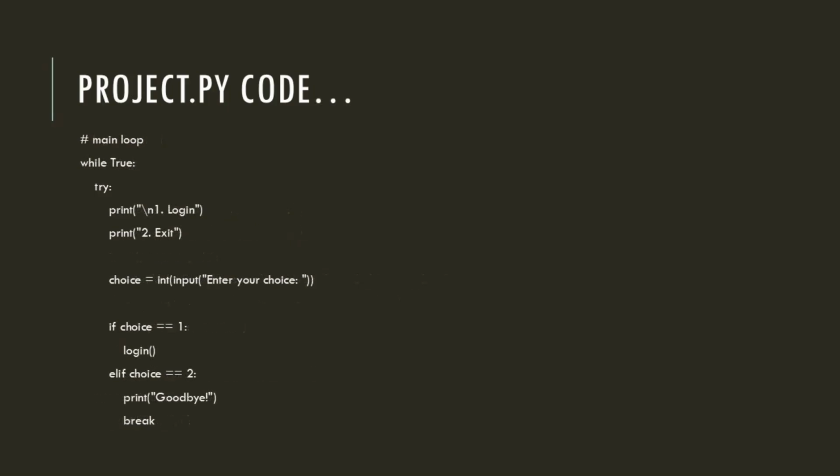The main program has a while True loop which displays the menu options for login or exit. The following scenarios are there. First, the user enters 1. In that case, the login function is called. Second, the user enters 2. The program ends. Third, the user enters any other number.